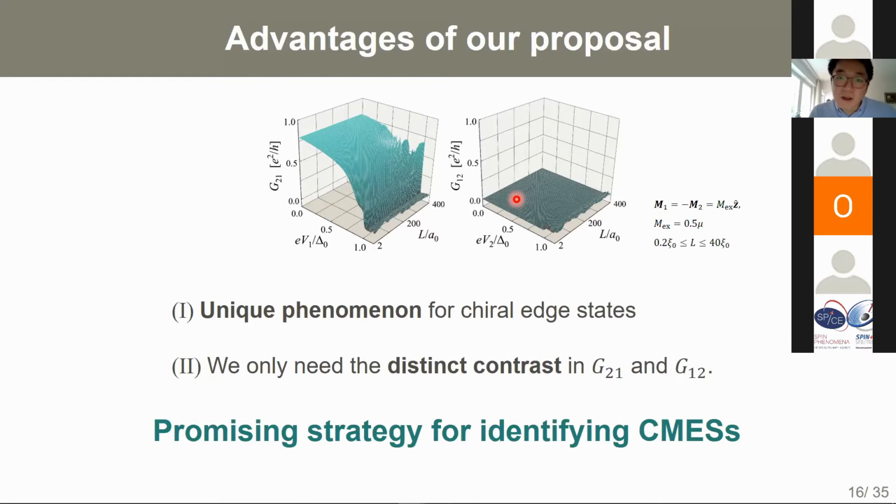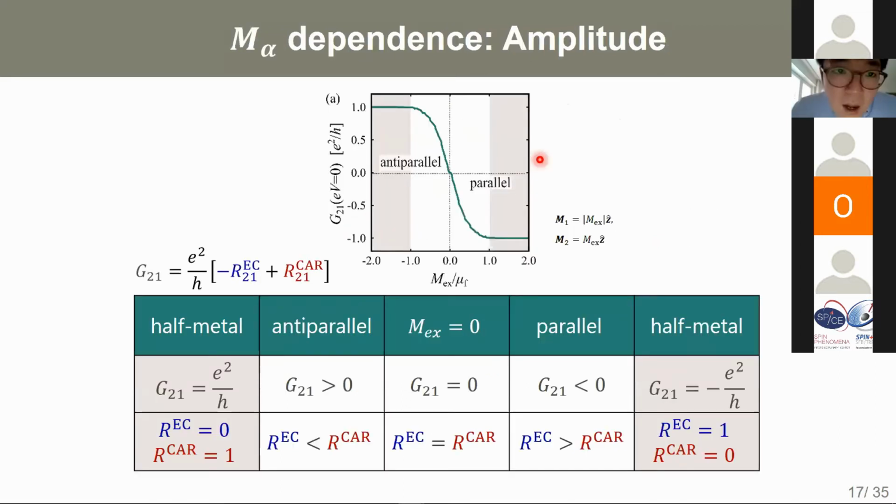Actually, perturbations or something else will modify the detailed structure of the conductance spectrum. But if we can find a finite and zero contrast, then we can conclude that there are chiral edge states. So in this sense, we believe that this is a very promising and powerful strategy for identifying the presence of chiral Majorana edge states.